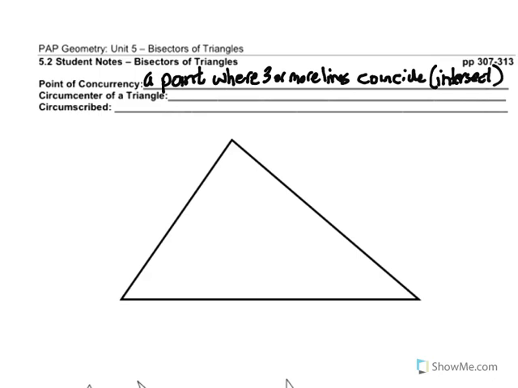Okay? The circumcenter of a triangle is a point of concurrency, meaning it's a place where there's three or more lines intersecting.